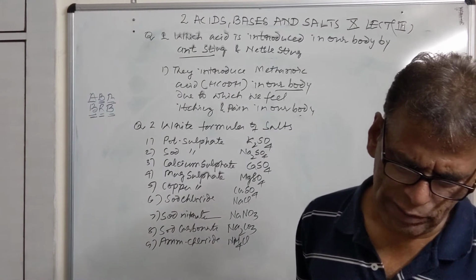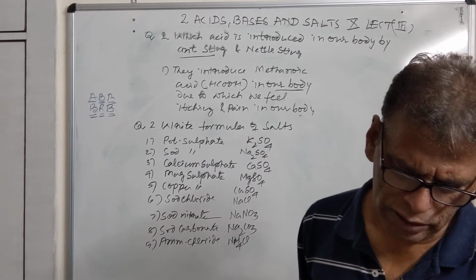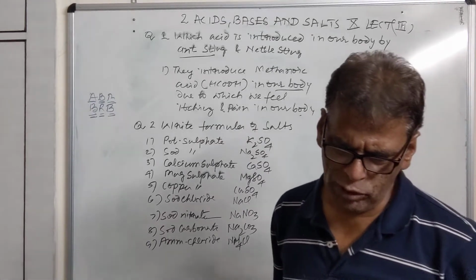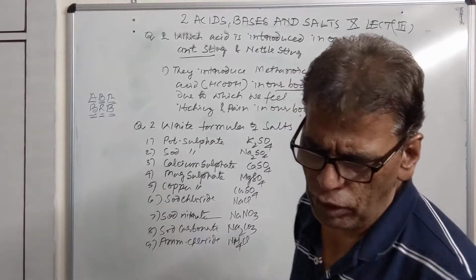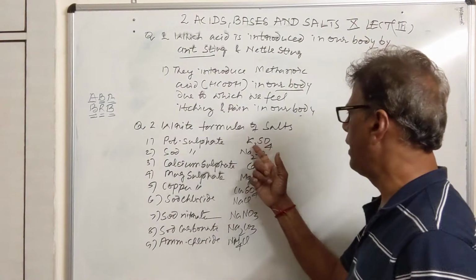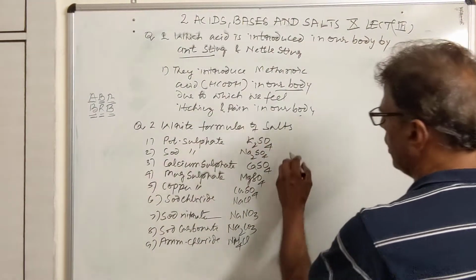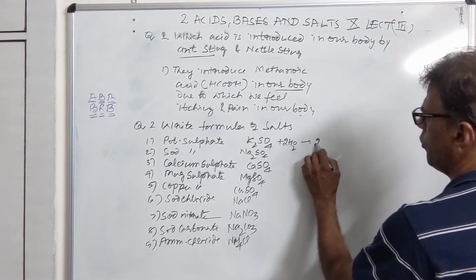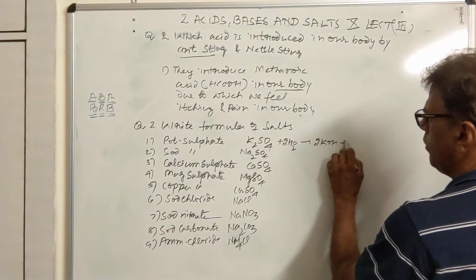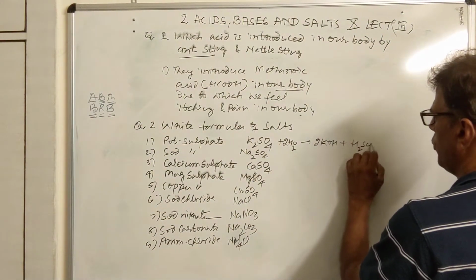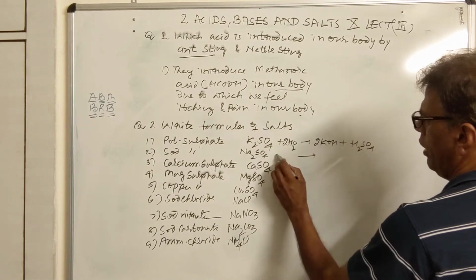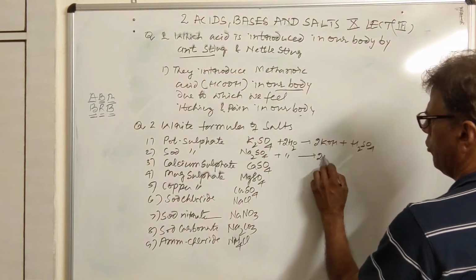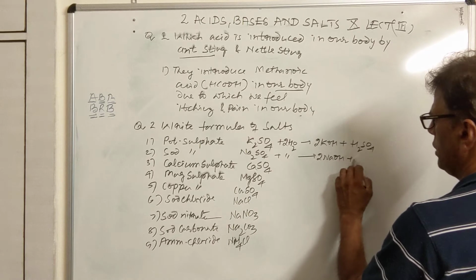Identify the acids and bases from which the above salts may be obtained. Now from potassium sulfate, when it is dissolved in water, the reaction will produce 2KOH base plus H2SO4. Similarly, we get 2NaOH plus H2SO4.